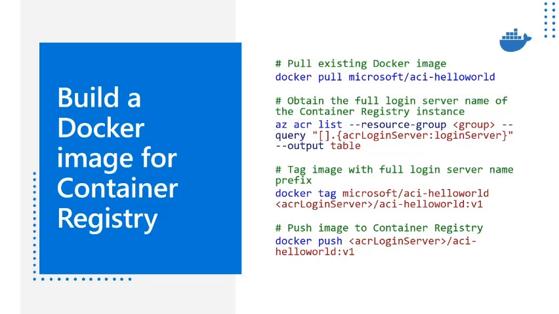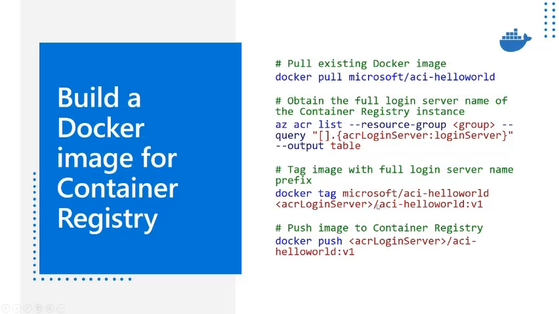So this is what we are doing here: docker pull from Microsoft aci-helloworld. Before you can push an image to your registry, you must tag it with the fully qualified name of your container registry login server. You tag the image using the docker tag command. So we pulled the image, then obtained the full login server name of the container registry instance, and then we need to tag it.